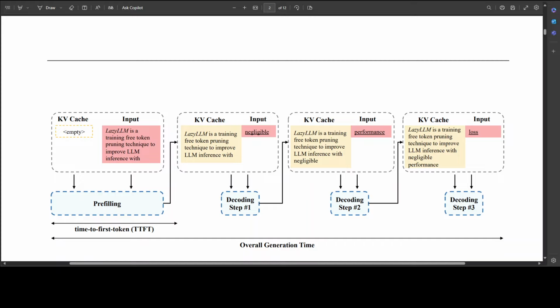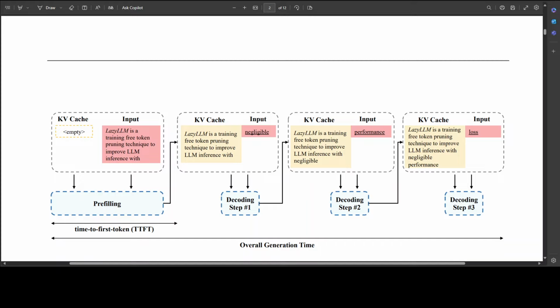This is where KV cache comes in. The KV cache is a data structure used to store the intermediate results of the self-attention mechanism. It's a cache of key value pairs that are computed during this encoding and decoding process. Keys represent the input token and are used to compute the attention weights, whereas values represent the corresponding token embeddings and are used to compute the context vector.